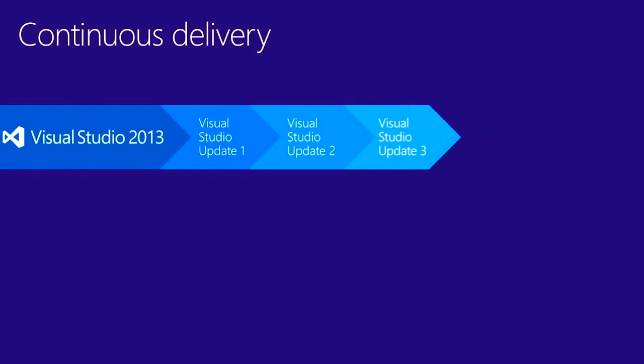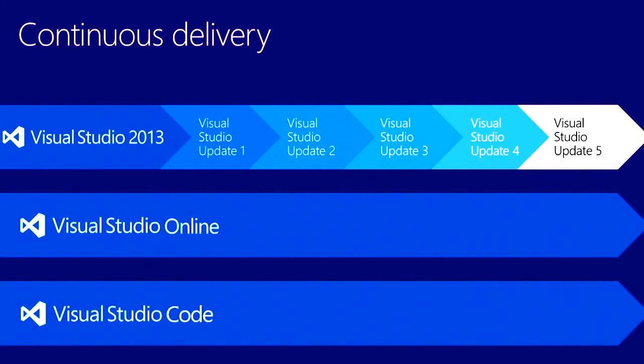In the last year, we've delivered 4 different updates for Visual Studio 2013. And the more important news, at least from my perspective, is that 80% of our Visual Studio 2013 install base of customers are running the latest and greatest update. Along that journey, I'm excited to announce today that Update 5 for Visual Studio 2013 is available for you all to download and start using today.